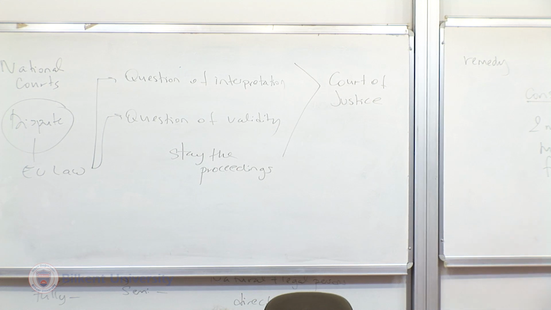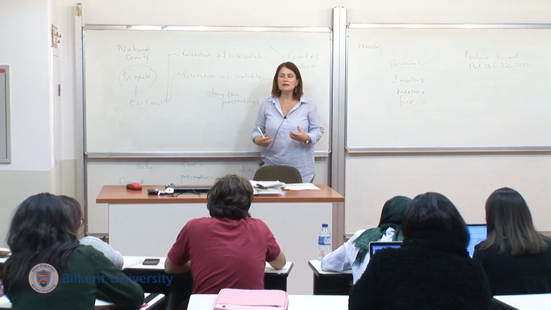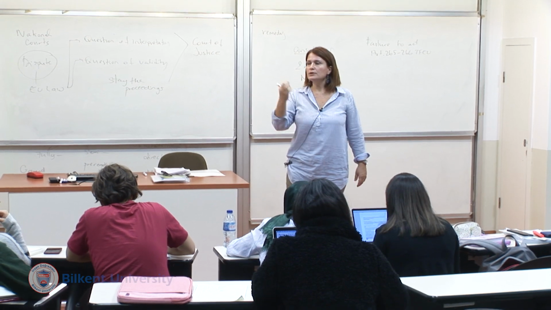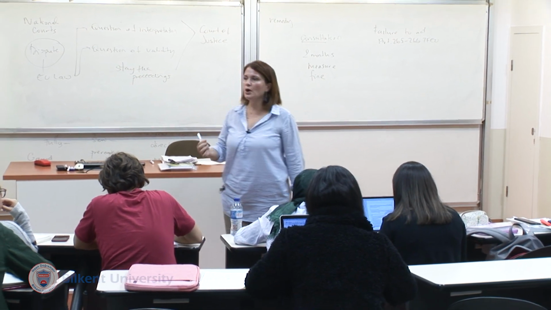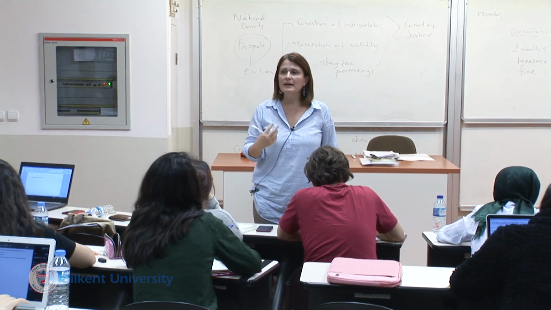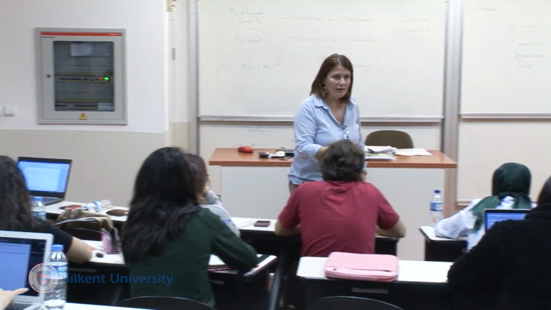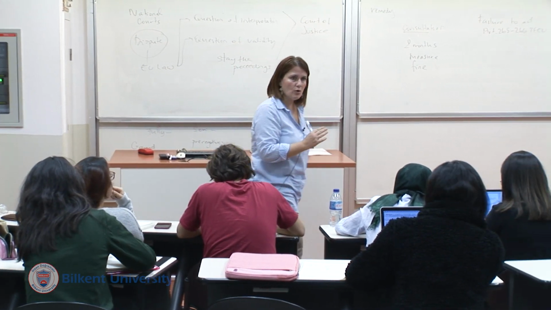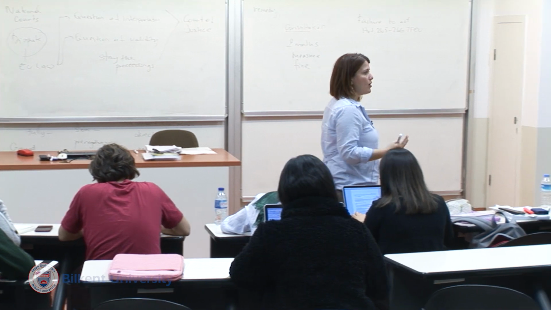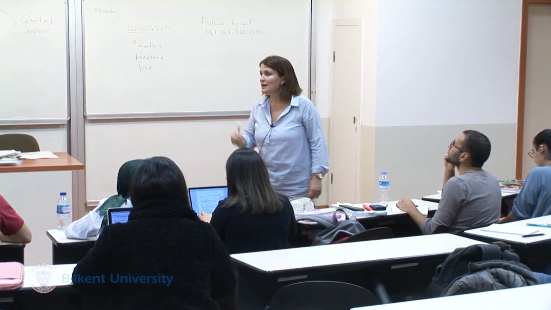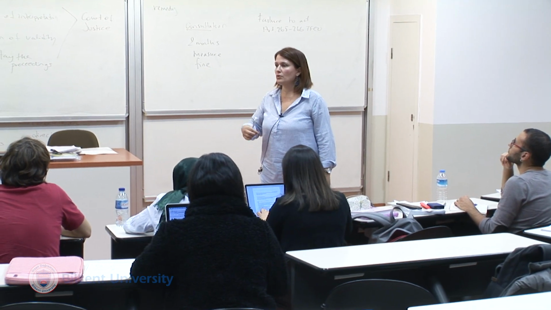If it is a question of interpretation, it will ask clearly to the Court of Justice. It will ask, for example, how do you define the term worker under the founding treaties? Give me a definition. It is drafted as real questions from the national courts to the Court of Justice, or it will ask whether an EU instrument, a regulation, is still valid or not.